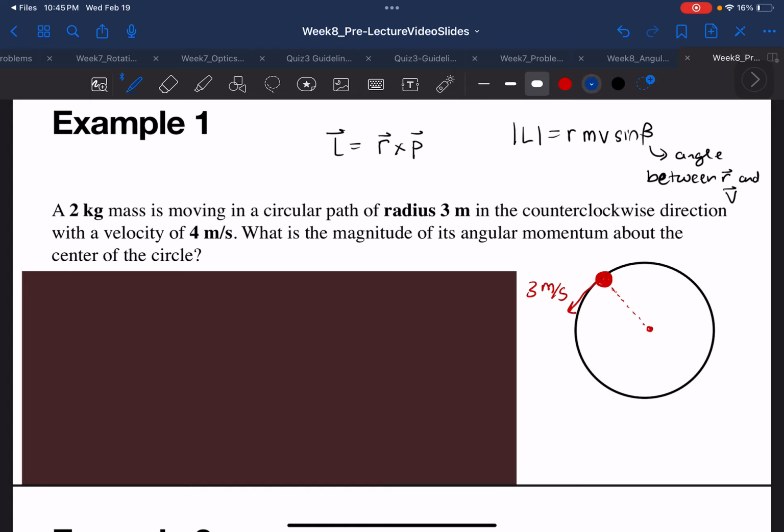So if I draw r, that's what it looks like, and then v is this velocity vector. There's an angle of 90 degrees between these two vectors, so beta is going to be 90.